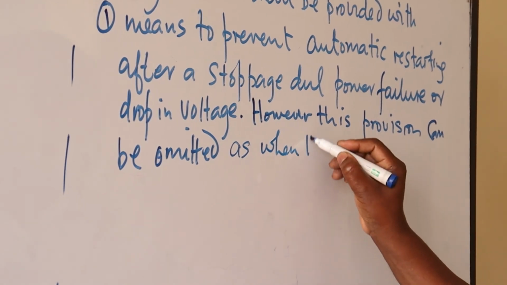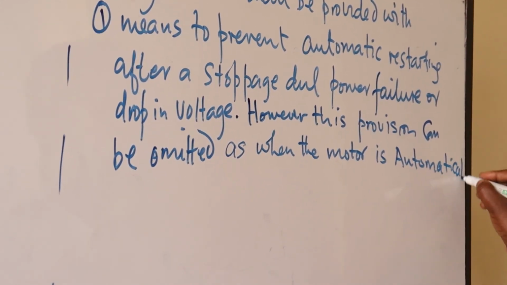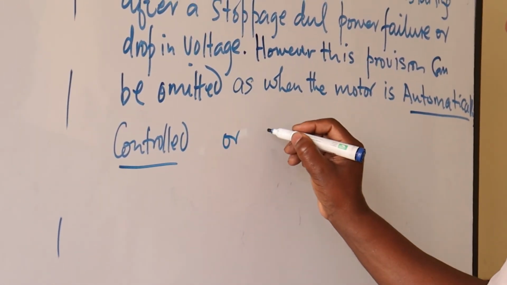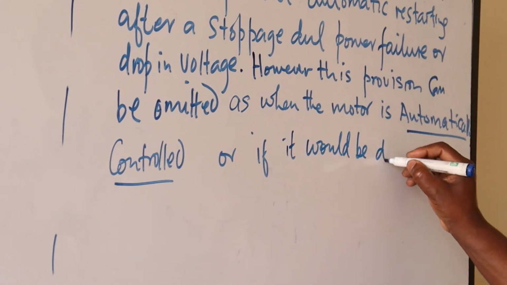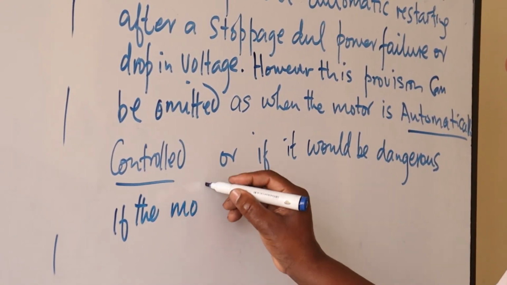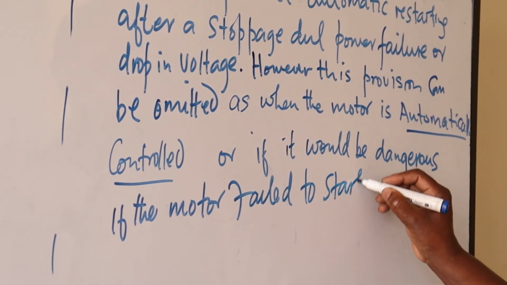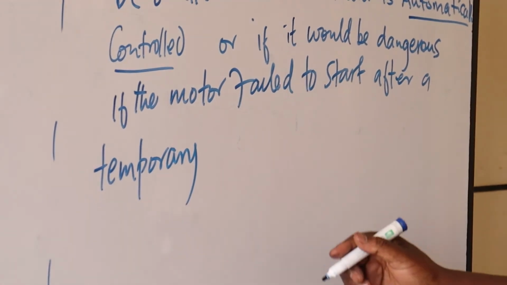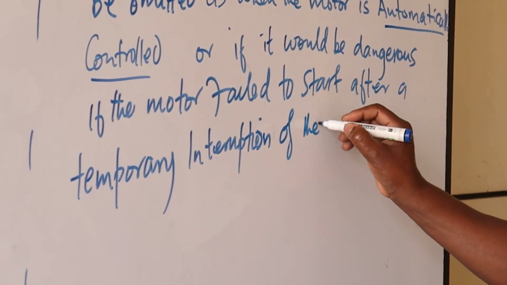As when the motor is automatically controlled, or if it would be dangerous if it failed to start after a temporary interruption of the supply.